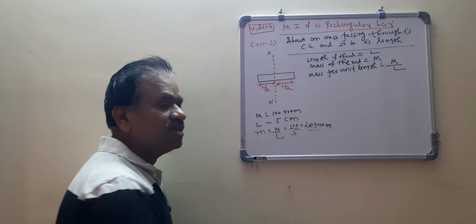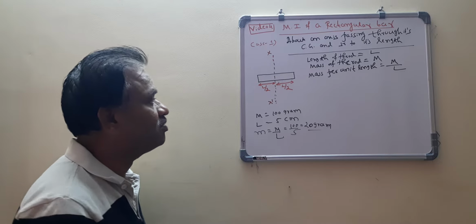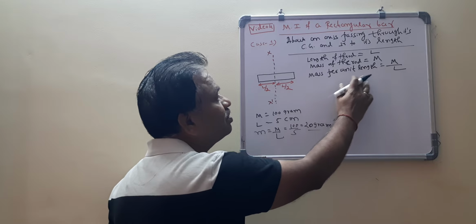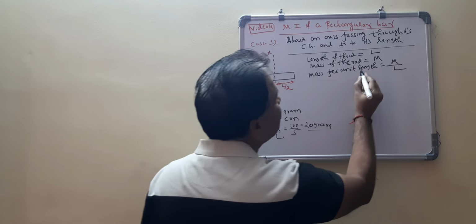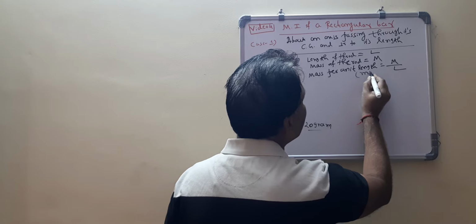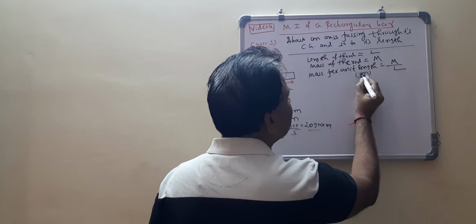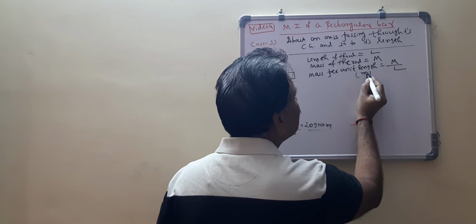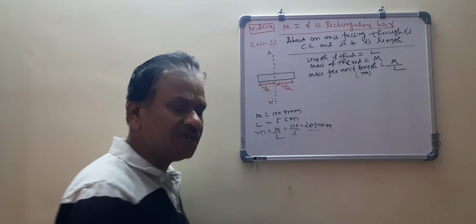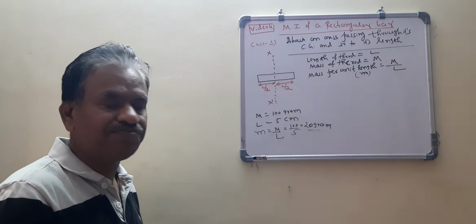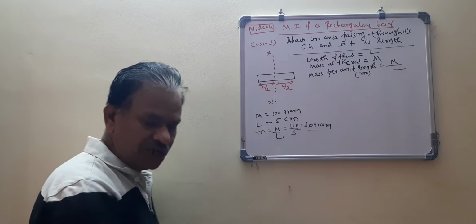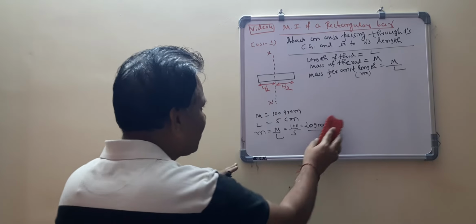This notation is a small m. I will call it mass per unit length. That's important, in all the derivations I am using this term m. It is sometimes called linear density. Mass per unit length. Okay, fine.